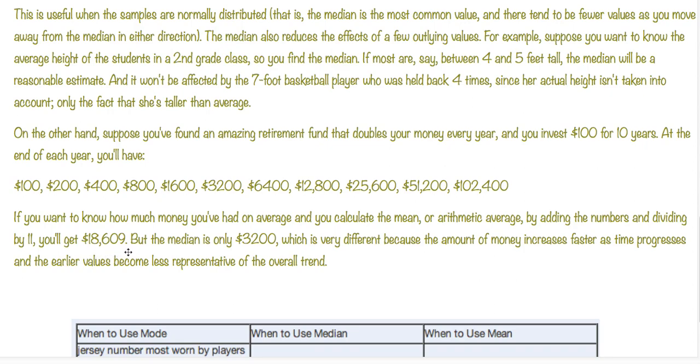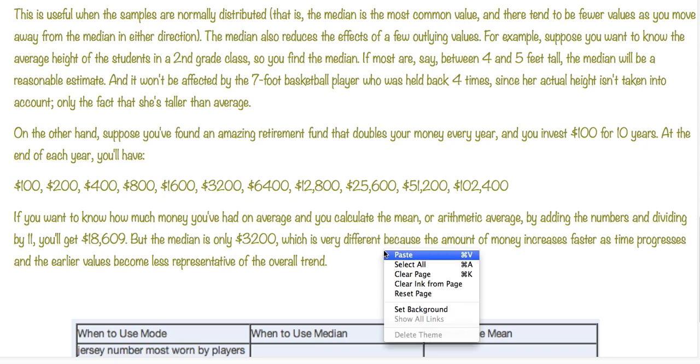But if you find the median, it's only 3,200, which is very different because the amount of money increases faster as time progresses. This is when your median will be very misleading if you have this type of data. So the mean would be the best way to do that.